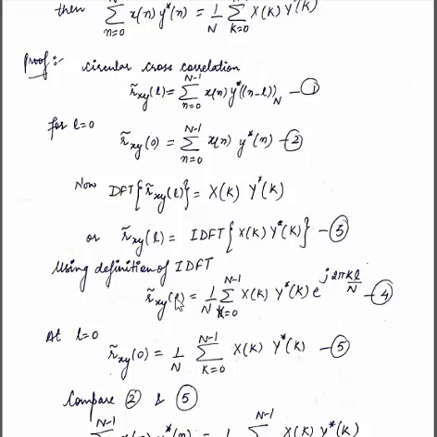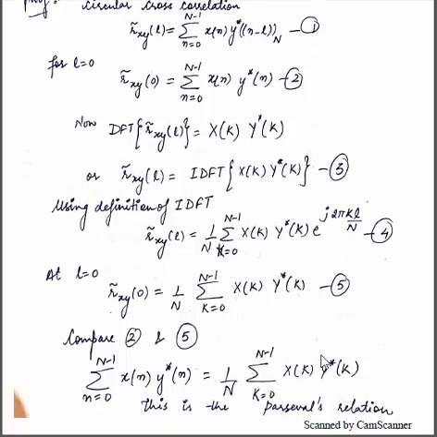Now again at l is equal to 0, by putting l is equal to 0 in equation number 4, we get Rxy of 0 is equal to 1 by N summation k tends to 0 to N minus 1 X of k Y conjugate k, since e raised to power 0 is 1. That is equation number 5.